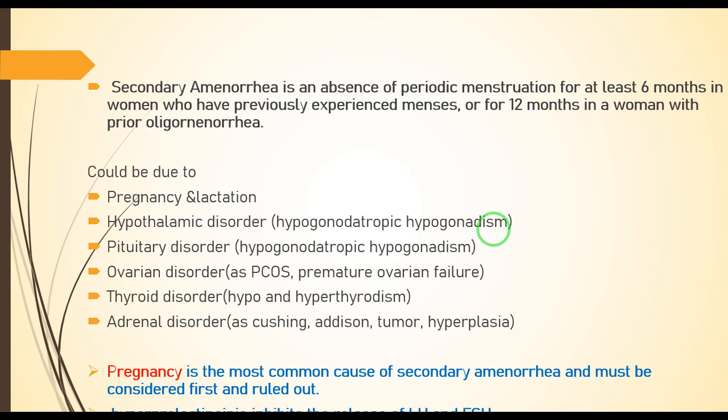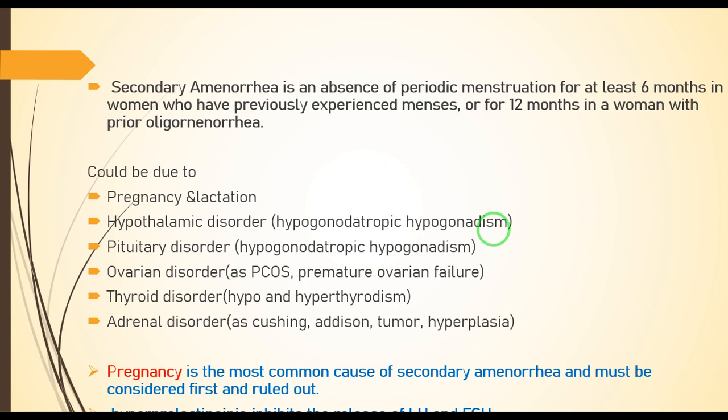So secondary amenorrhea means that the female previously had a normal menstrual cycle, but it has been absent for 6 months in case her previous menses was normal, or for 12 months if she previously had an irregular oligomenorrheic pattern. The most common cause of secondary amenorrhea is pregnancy and lactation, and this can be assessed by measuring the hormone beta HCG in the urine or in the blood.